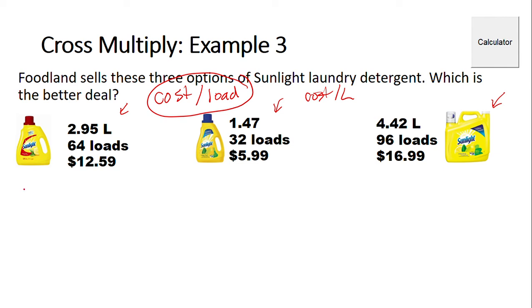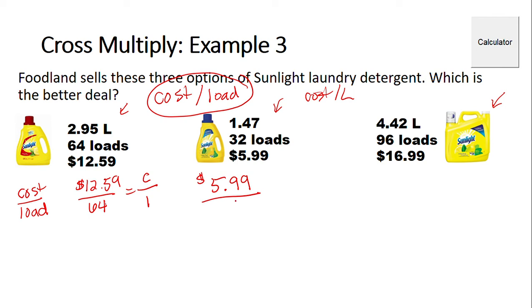So cost per load. In this one, we have the cost is $12.59 for 64 loads. What I'm wondering is, what's the cost for 1 load? And really, that's what I'm doing for all of them. So I'm just going to set all of that up to start with. It's $5.99 for 32 loads.